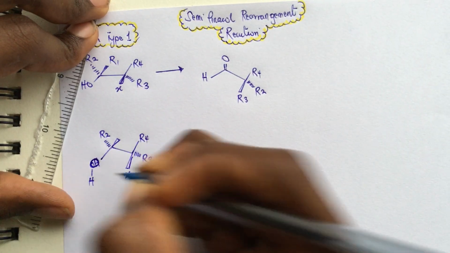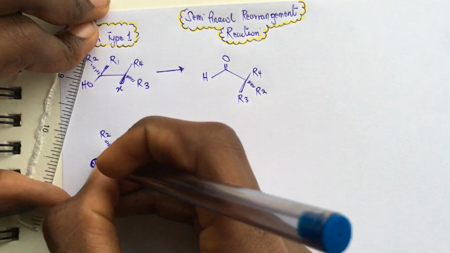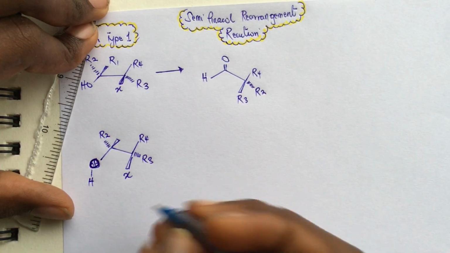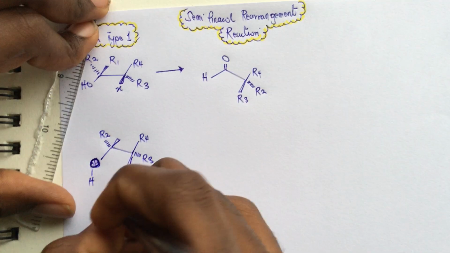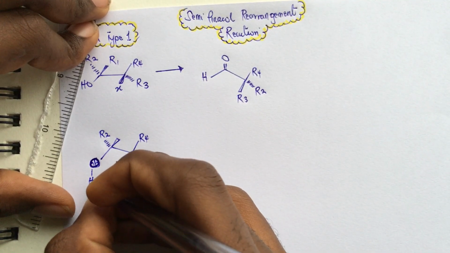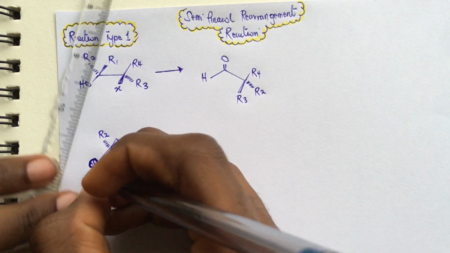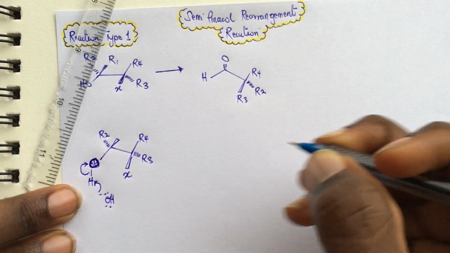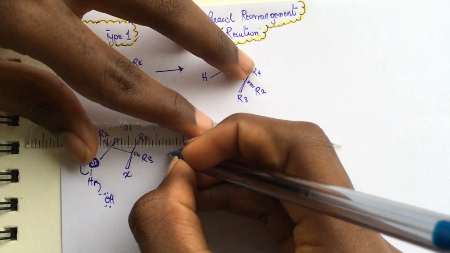In the presence of our base, this base is going to remove this hydrogen by deprotonating it, and now the bonding electrons will fall onto this oxygen.